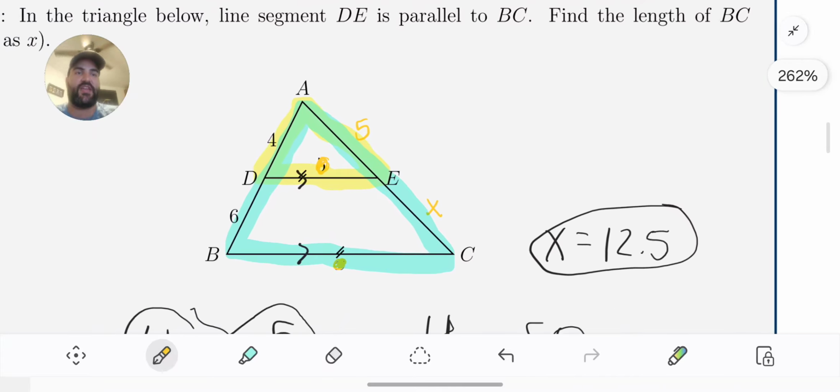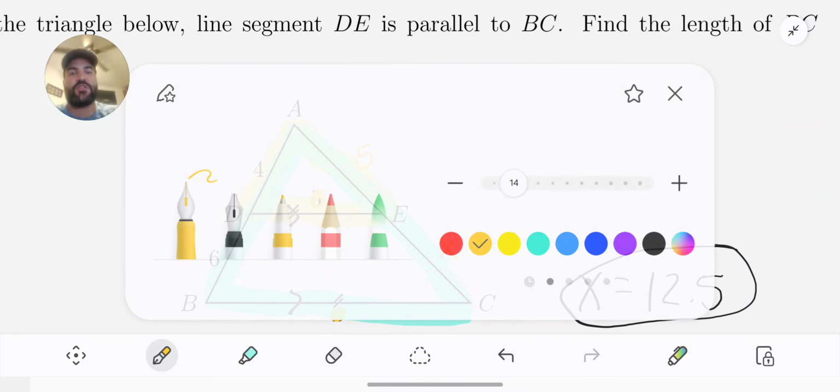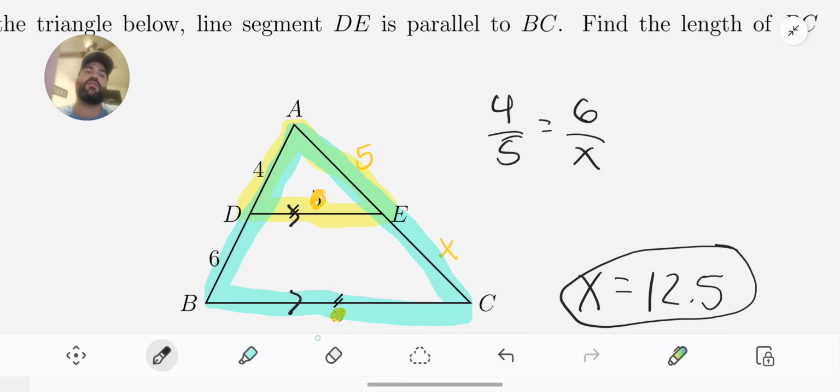If you just want the answer, there it is. If this was the case, because of the parallel lines, you would actually set up this proportion. You could say 4 over 5 equals 6 over x. It only works for when the lines are parallel.